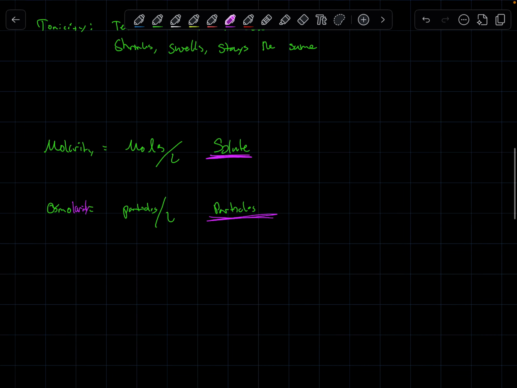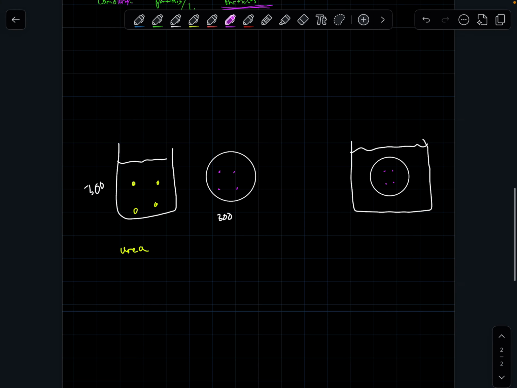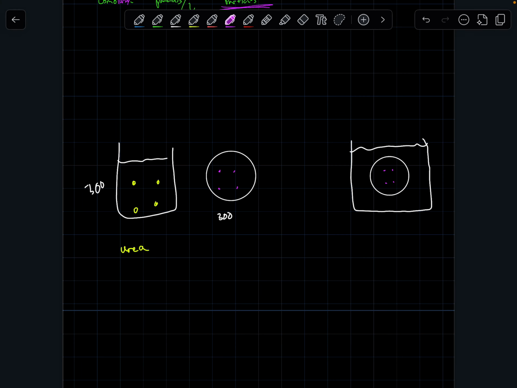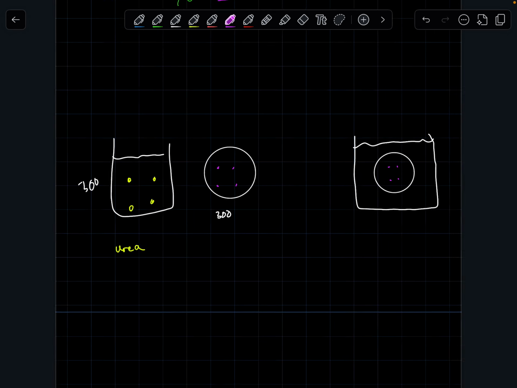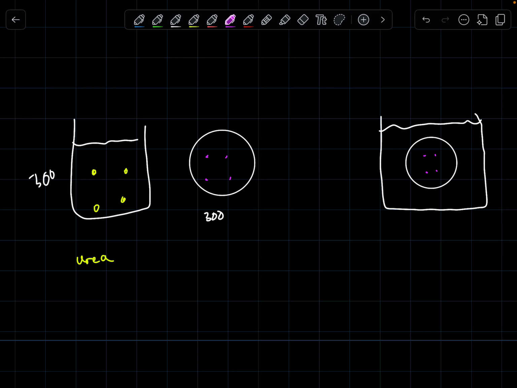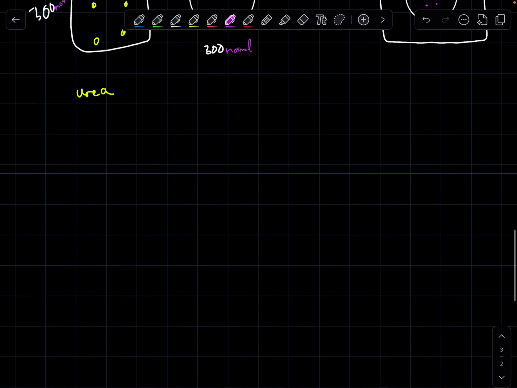Now, if we want to understand how this will all play out, we have an example. I have a 300 milliosmol solution of urea and a 300 milliosmol cell. First, to understand osmosis, I can draw a picture.